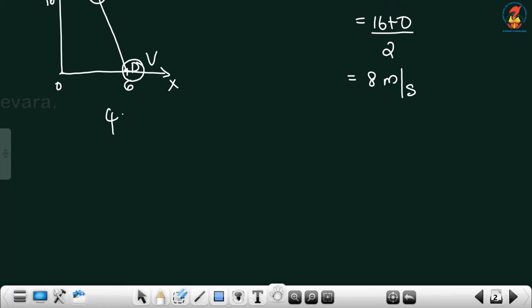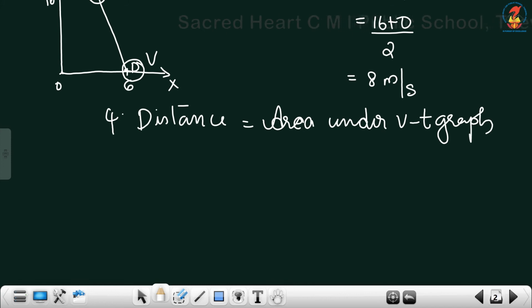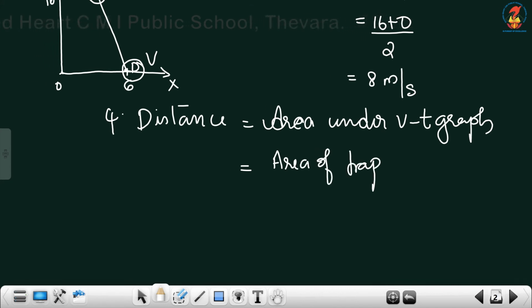So, distance equal to area under VT graph, that is equal to area of trapezium.